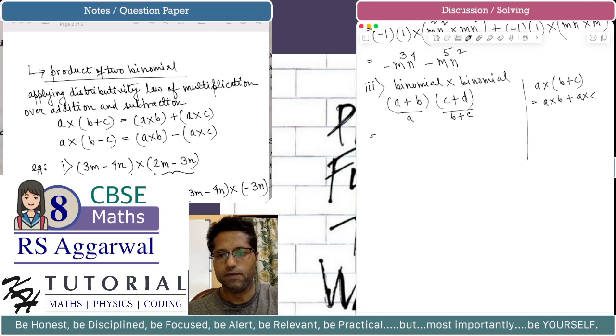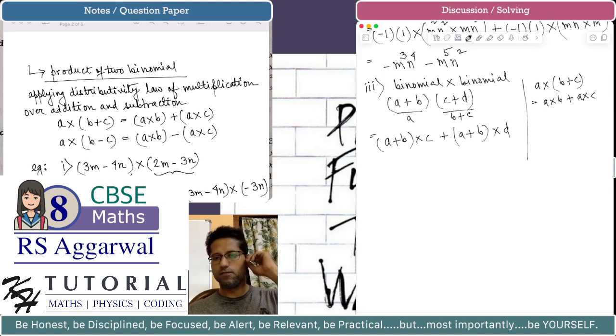First we have considered the first binomial, that is a plus b, as A, and the second binomial c plus d as B plus C. So it is now A multiplied by B plus C. So this will be A, which is a plus b, multiplied by C, multiplied by B, which in this example is c, plus again A, which is a plus b, multiplied by D.